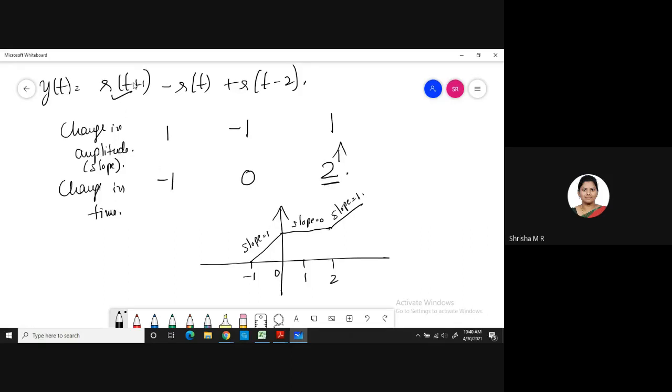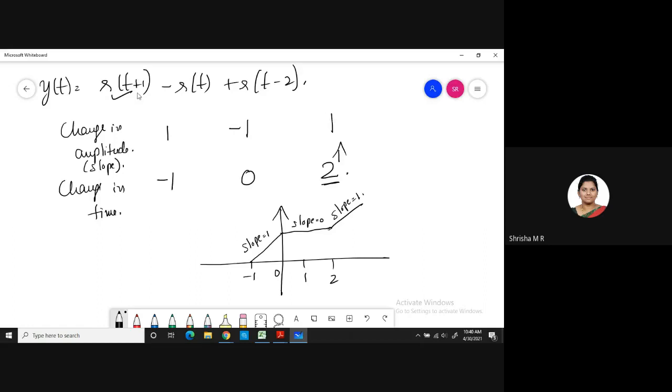I'll explain once again. R of t plus 1 minus R of t plus R of t minus 2. You have this signal. What is the amplitude or slope of each one? In each function, you have amplitude 1 for R of t plus 1, so it is 1. Here you have -1, then you have +1.